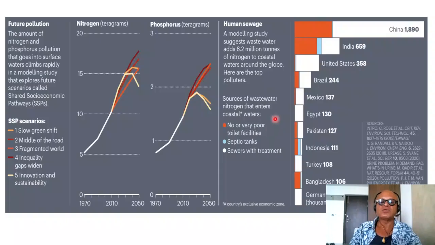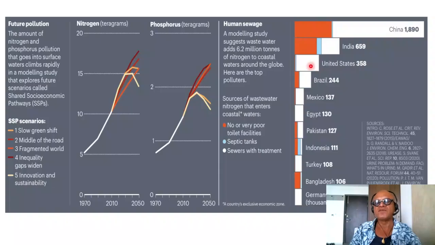Sources of wastewater nitrogen that enters coastal waters: no or very poor toilet facilities, septic tanks, and sewers with treatment. China dominates here with sewers with treatment contributing a lot. So that is in million tons. So 1890 for China. India is second.